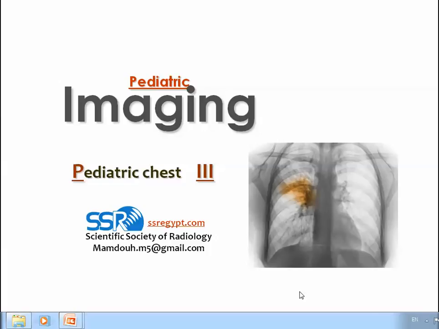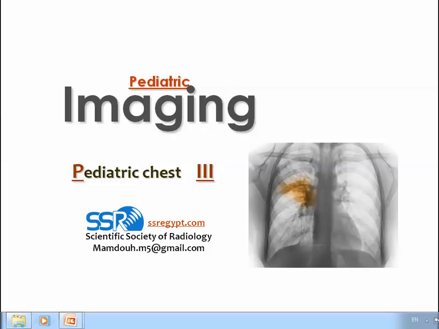You remember we have divided the pulmonary pathology into focal and diffuse, and we have said that there are focal main subtypes, which are the pulmonary nodules, pulmonary masses, pulmonary patches, and the pulmonary cavities.